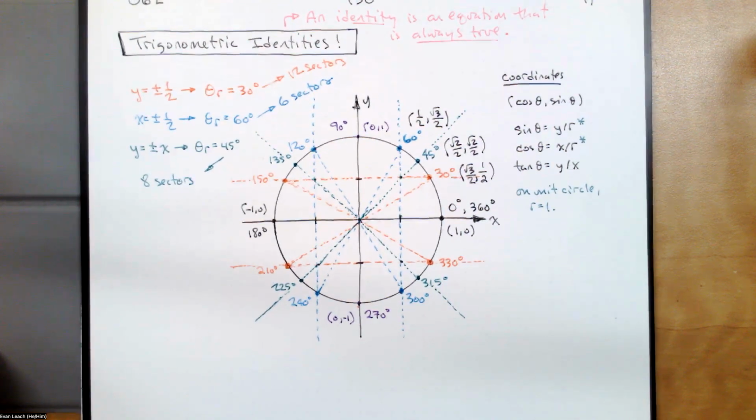And so today we want to look at trigonometric identities. An identity is just a type of equation. An identity is an equation that's always true. x equals x. That's an equation that is always true.